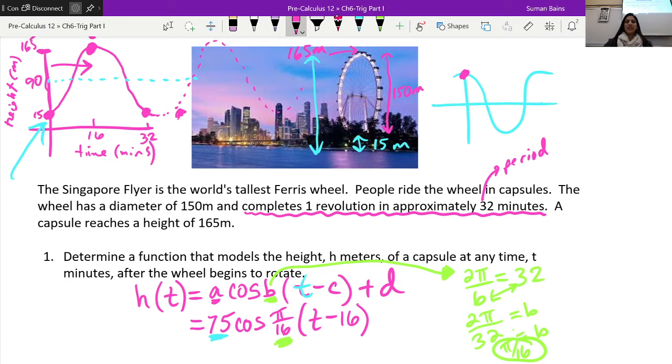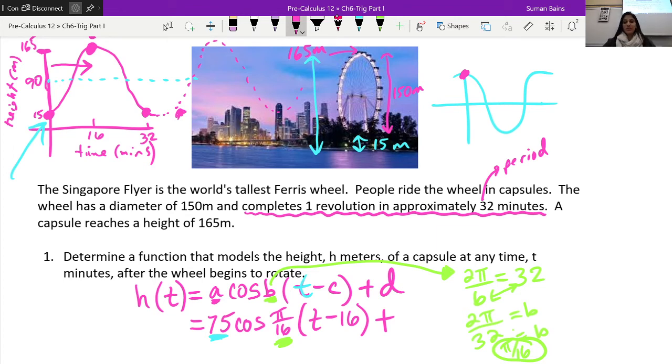Yes, what do I put at the end for my vertical displacement? How much did it move up? So the starting point, like the minimum value, moved up to 15, right?